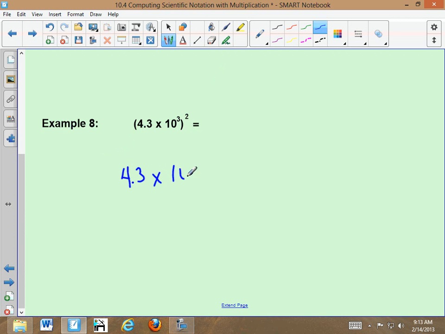4.3 times 10 to the third power times 4.3 times 10 to the third power. 4.3 times 4.3 is?